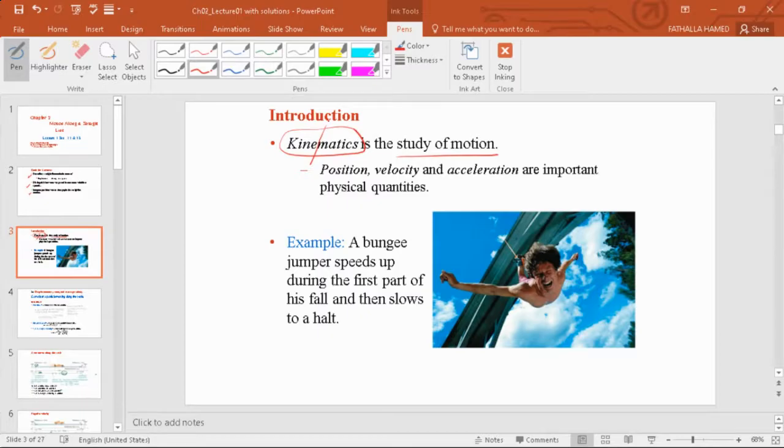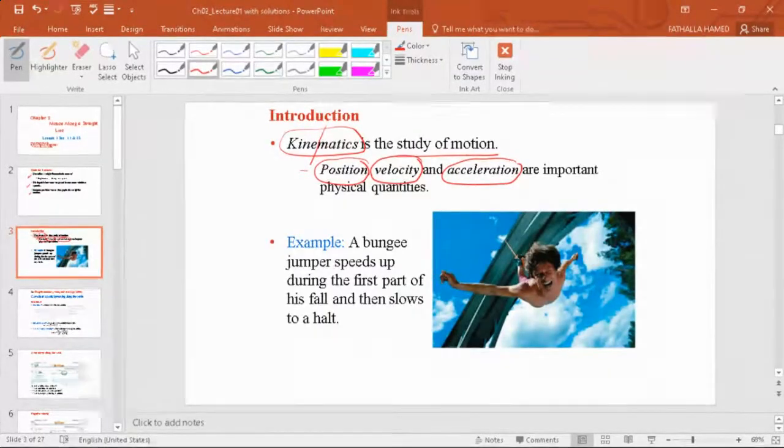What we're going to introduce today is a vocabulary that we use when we try to study kinematics. And these are position, velocity, and acceleration. That's what we're going to introduce in this chapter.